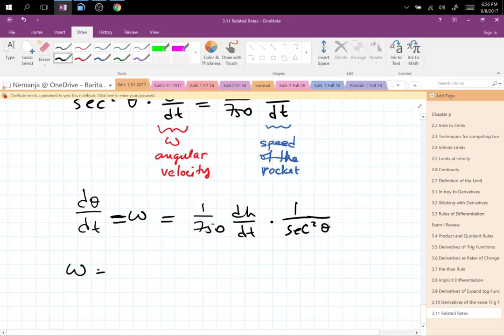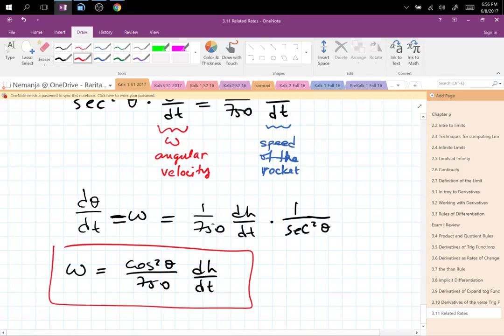So we get that omega is equal to cosine squared theta over 750 times dh dt. There's your equation. The speed of the rocket is known. You get those updates all the time, so you can plug that into the equation. You start your theta at 0, and as the angle theta rises, it tells you how fast the camera has to turn.